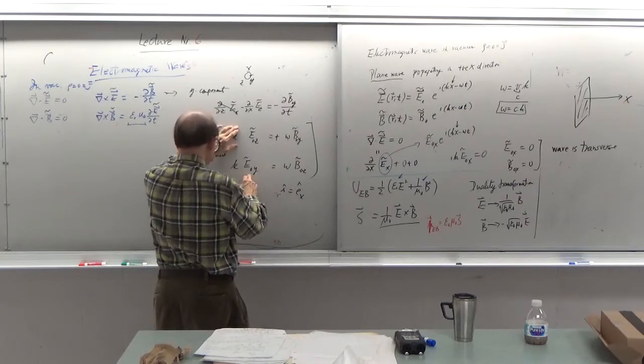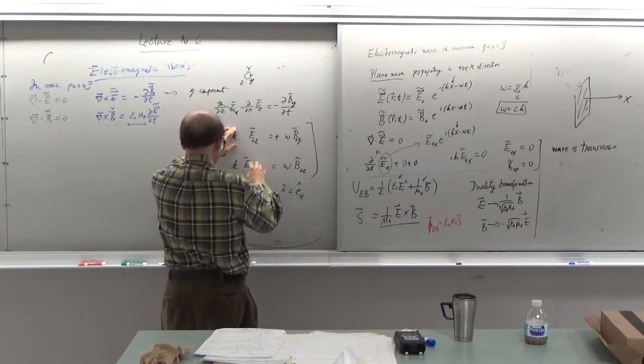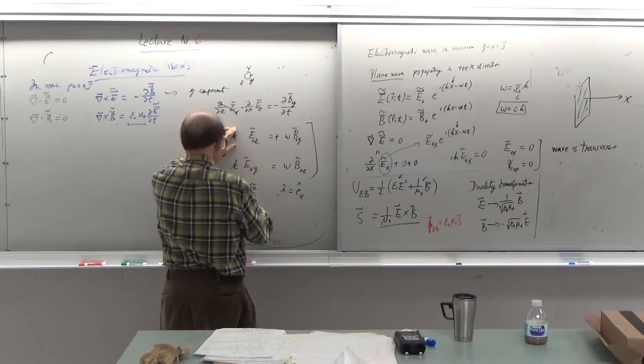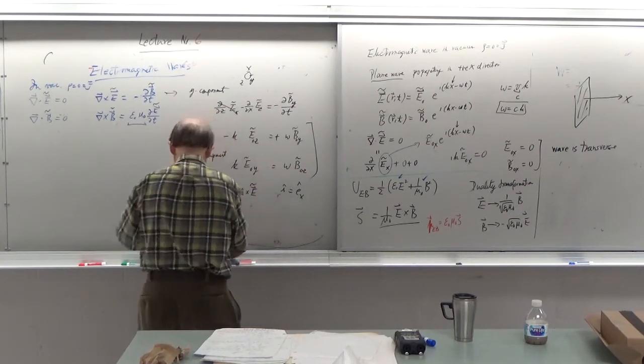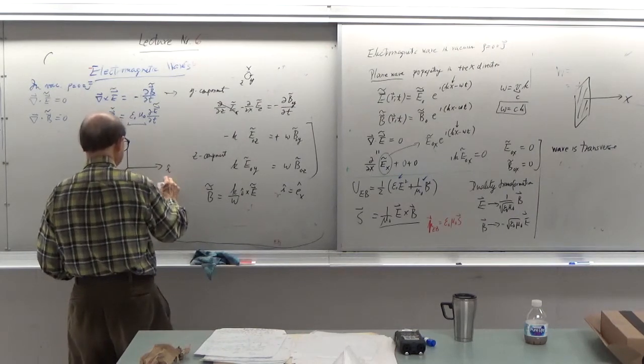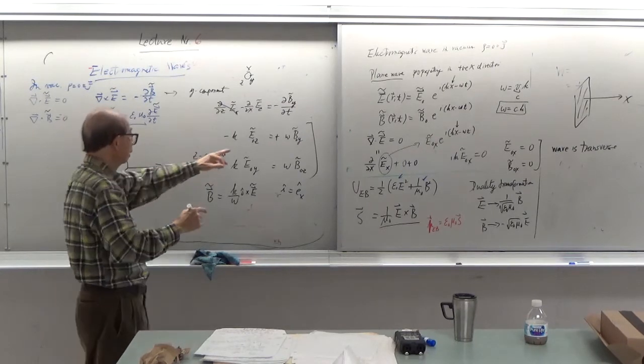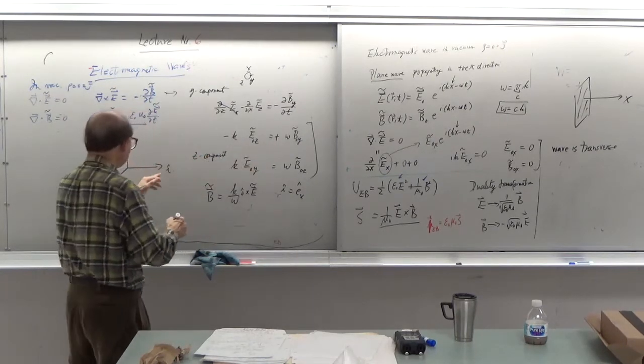Now the y component. Let me draw this. Let's say this is the i direction, the x direction, and this is y. Remember, E and B do not have any x component.